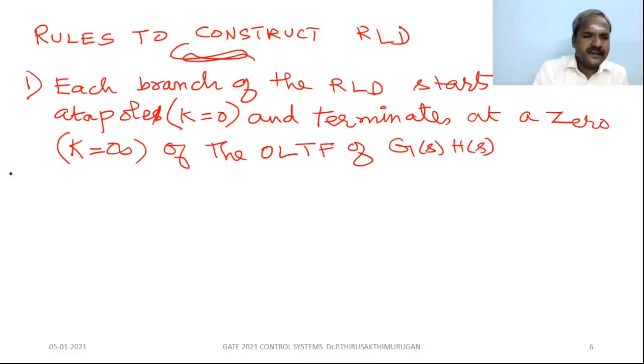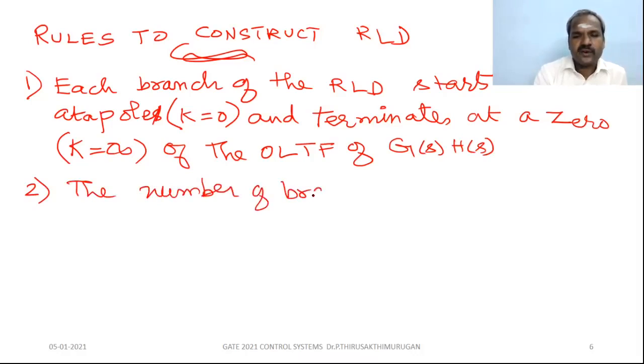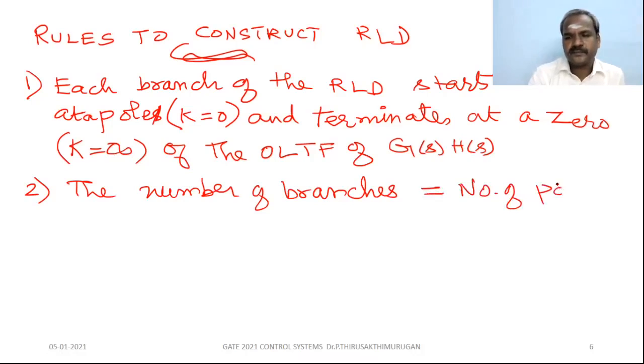Next point is the number of branches. The number of branches is equal to the number of poles.